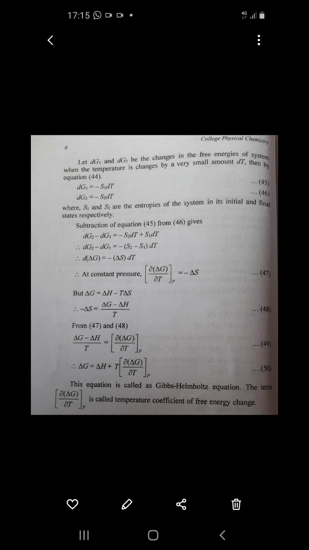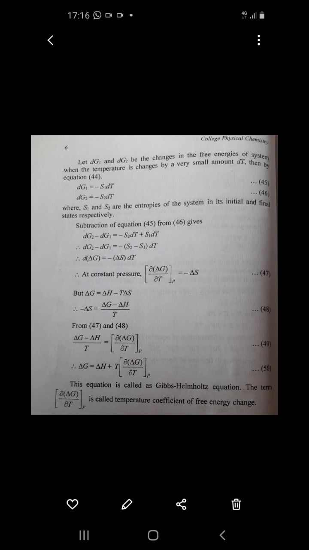So if you subtract equation 45 from 46, you get dG2 minus dG1, which is equal to minus S2 dT plus S1 dT. Now dG2 minus dG1 is equal to minus, and in both cases dT is common, so if you take dT common, then it is minus (S2 minus S1) dT.